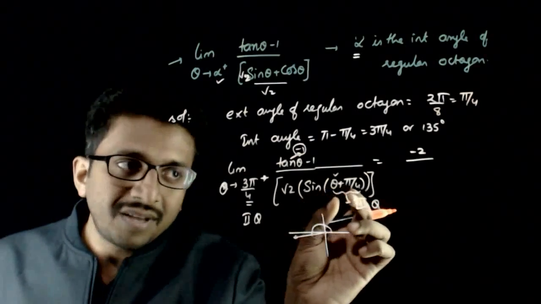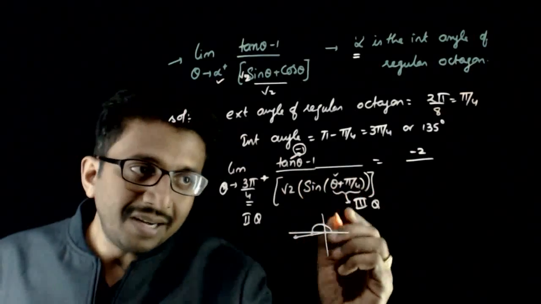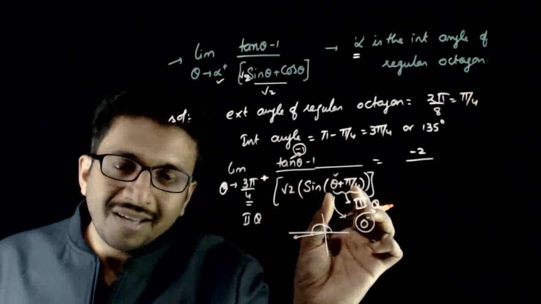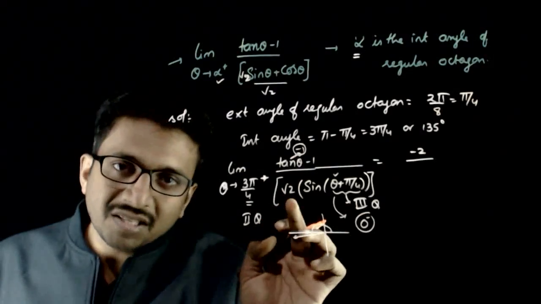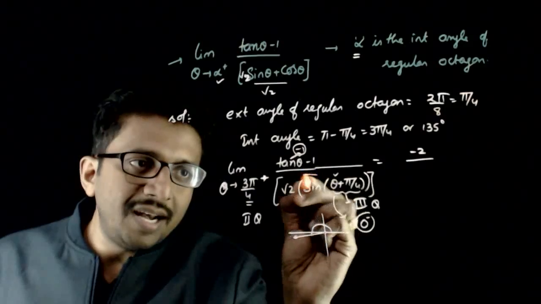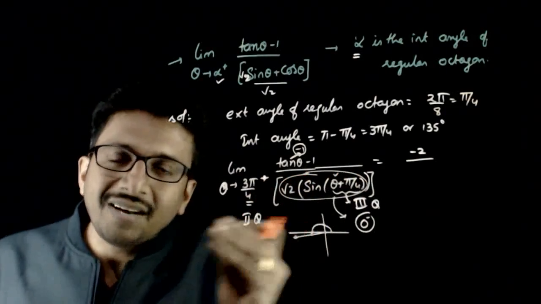So the sine of an angle in the third quadrant tends to 0 but in the negative direction, 0 minus. So sine of theta plus pi by 4 tends to 0 from the negative side. If you multiply this with root 2, it still tends to 0 minus. So the number within this bracket tends to 0 from the negative side.